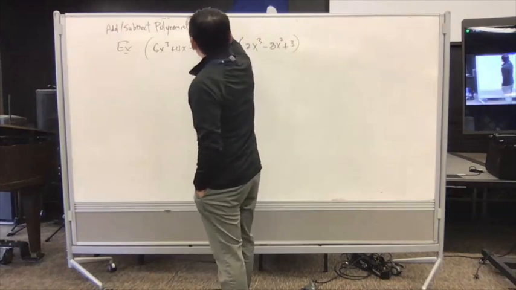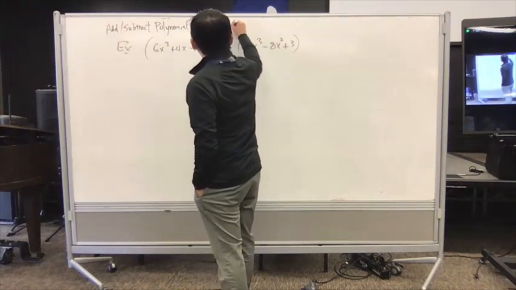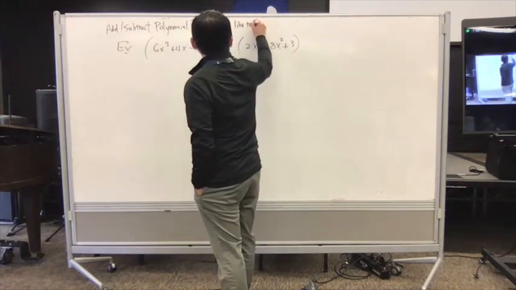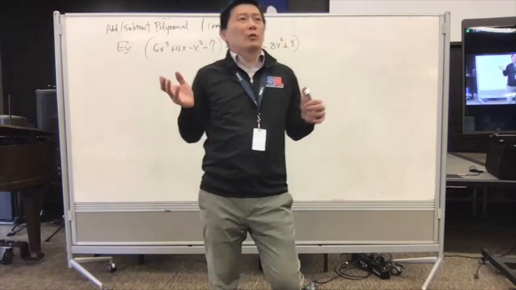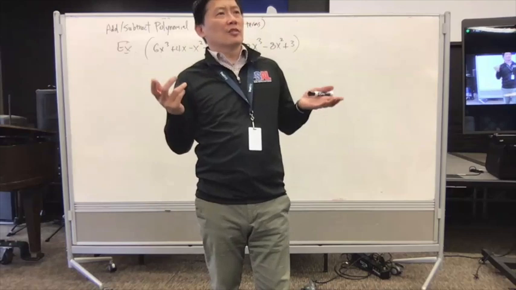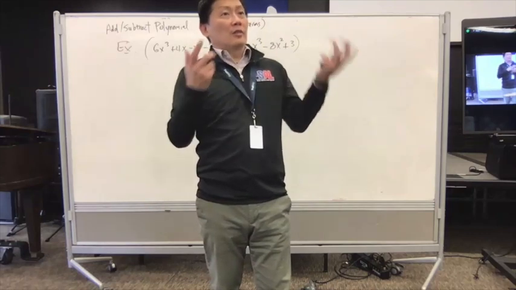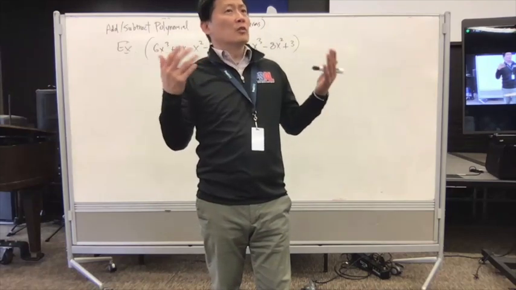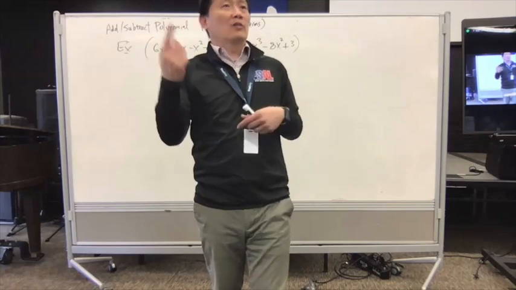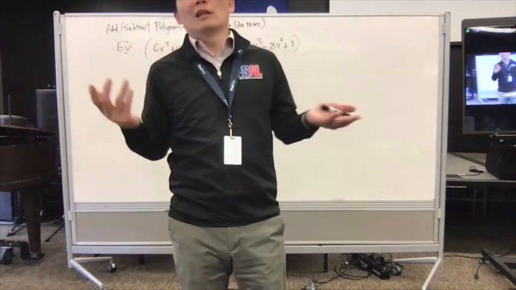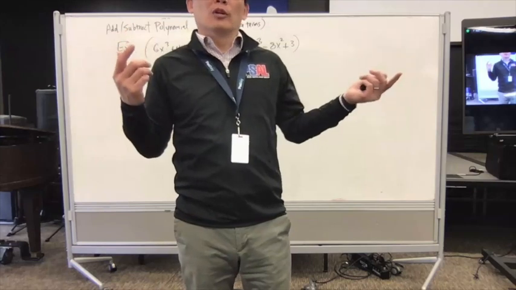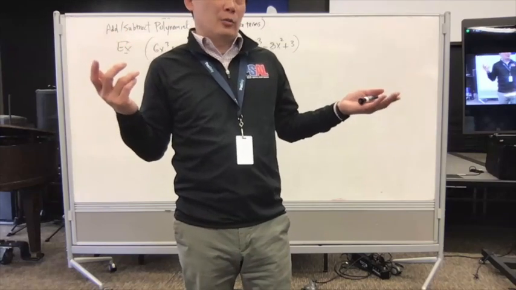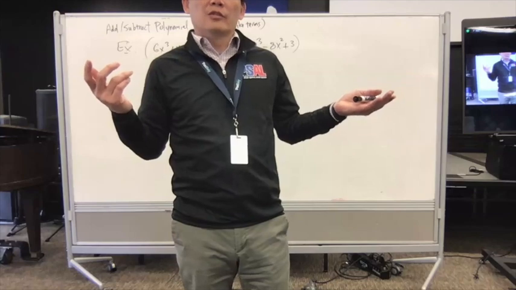You simply combine like terms. When you combine like terms, you have to make sure that the variables are the same and they have the same degrees of power. So x squared and x cubed are not like terms, but x squared and negative 3x squared are like terms. You see the difference?